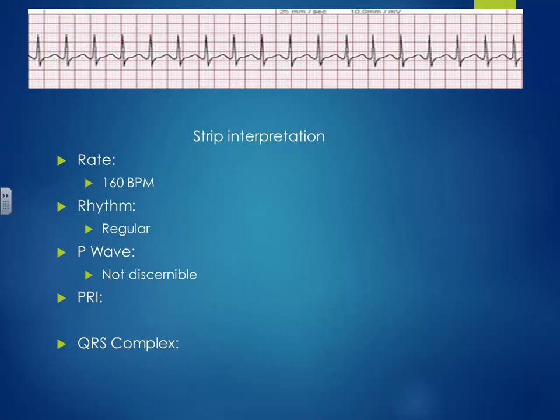What about a PRI? Can't really do one, can you? What about your QRS? All right, narrow, upright. What's its time? It's kind of hard to see up there. It's less than 0.10. All right.